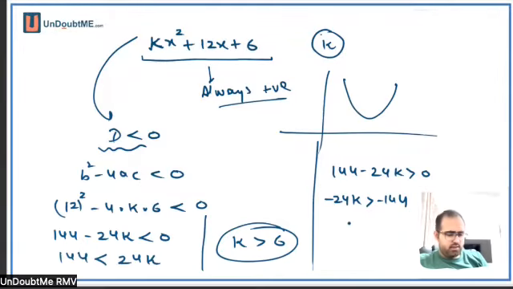If we do it like this, like minus 24K is greater than minus 144, if we divide both the sides by minus 24, then it will flip the sign. So the inequality sign will be flipped.